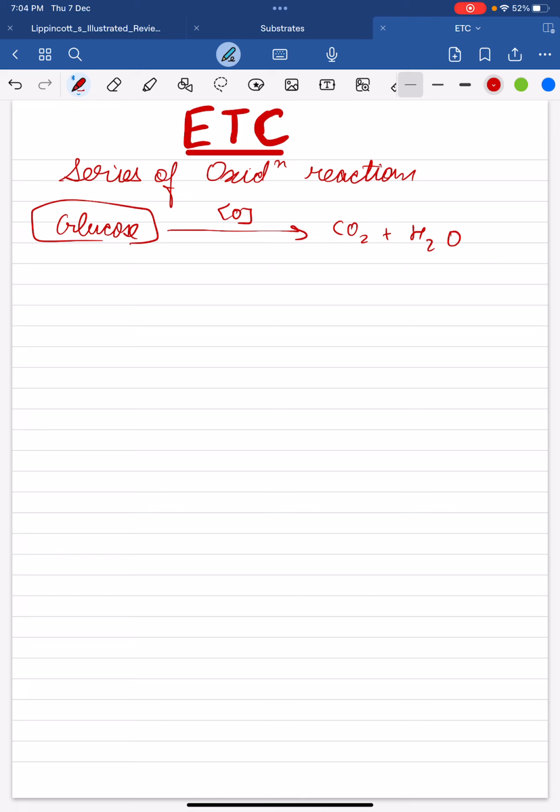But this is not a single step, it is actually a multi step reaction in which the intermediates donate electrons.